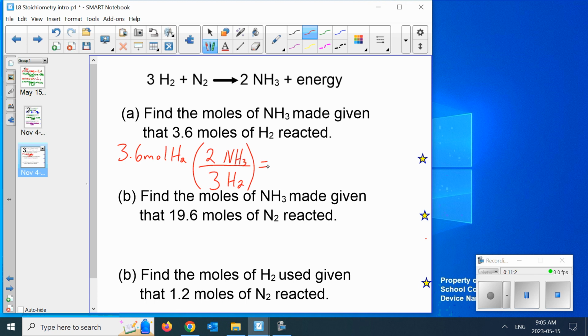I get 2.4. Should be small. 2.4. I'm going to put 2.4 down. There's no extra digits. It's 2 digits. And it is moles, got rid of these, of ammonia. Okay?